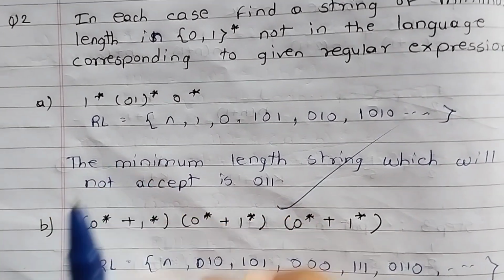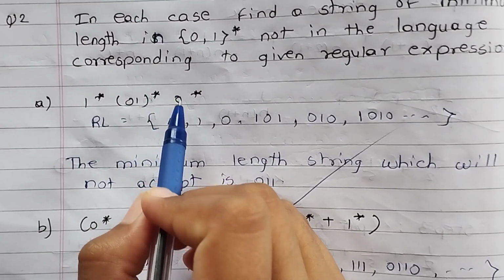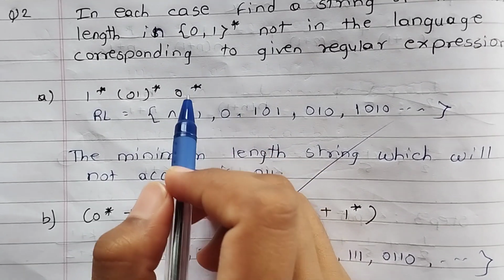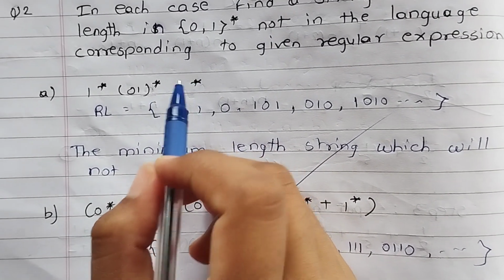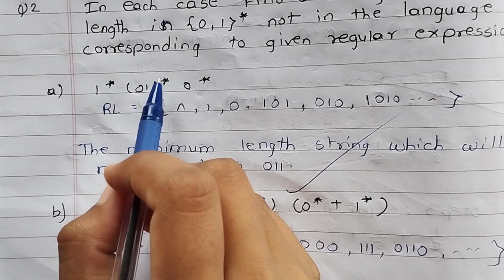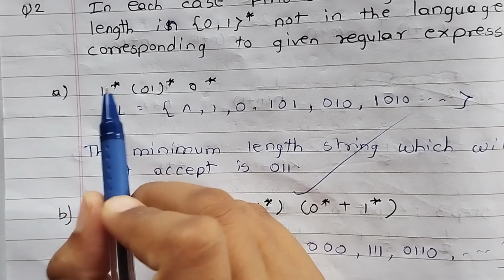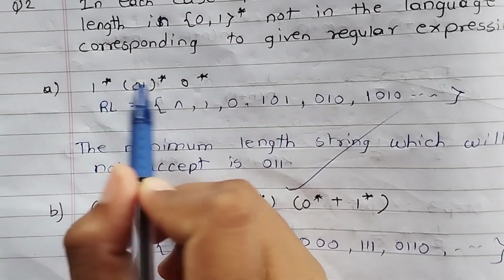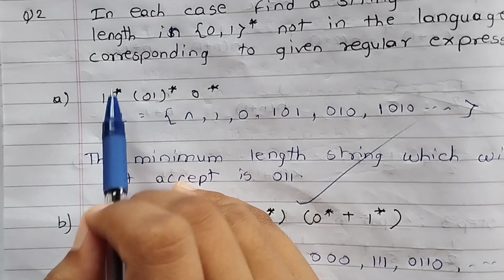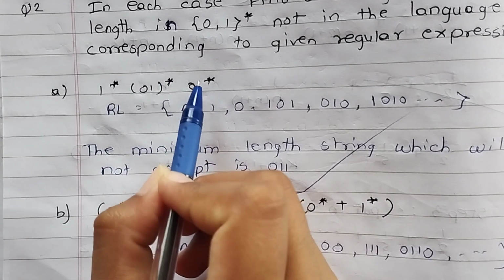Okay, now the first question: A star, 0, 1 star and 0. So I hope you know the meaning of this. 0 is compulsory, 1 star is not compulsory, and 0 is also compulsory. So first we consider all the terms as null, meaning A star is null, 1 star is null, and 0 is also null.